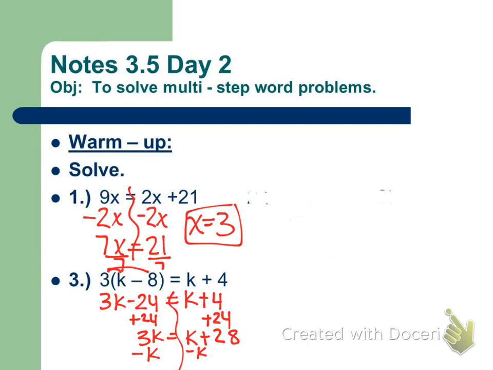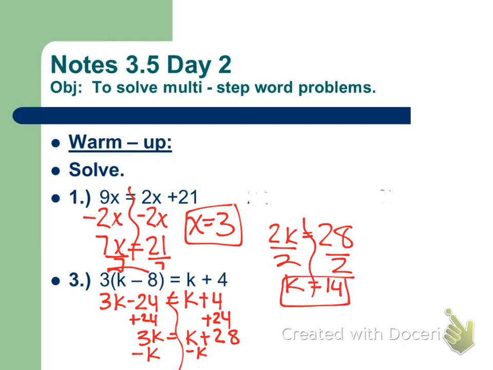All right, when we subtract k from 3k, what do we get? 2k. 2k equals 28. Wonderful. And finally, our last step, divide both sides by 2. What do we get for k? K equals 14. Wonderful. Again, not the only order that we could have done that problem in, but that's a wonderful way to go about it.